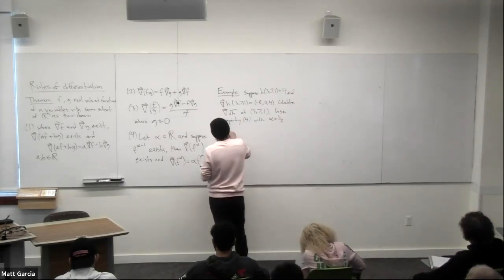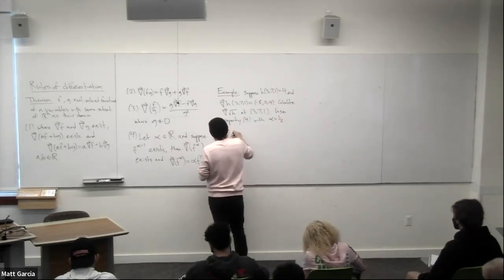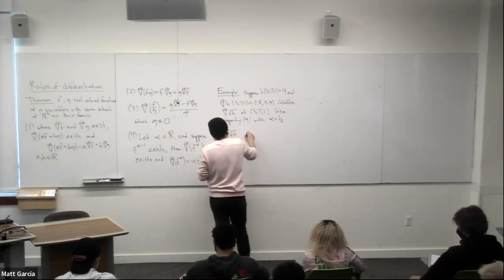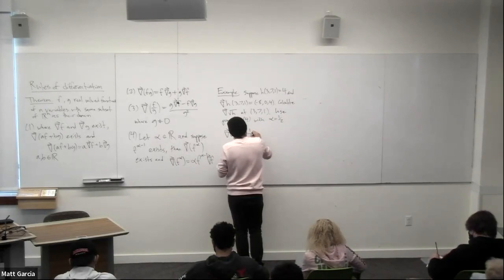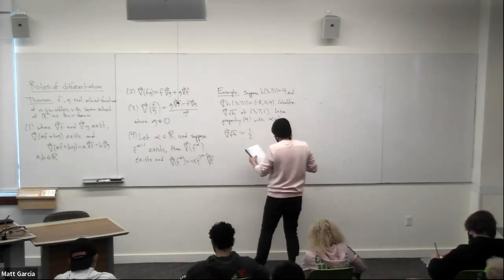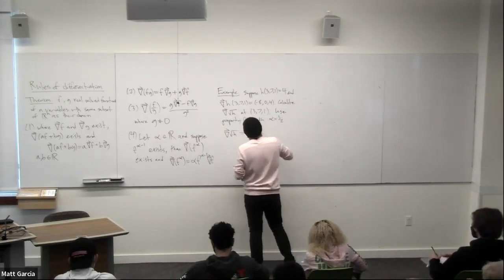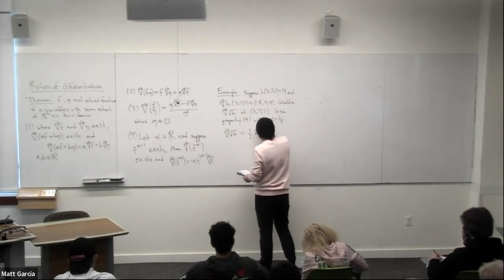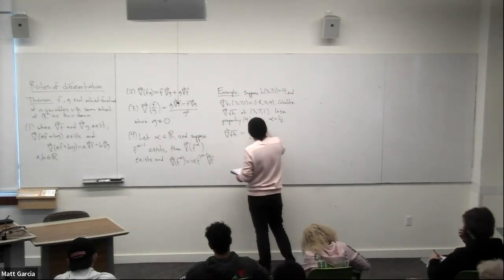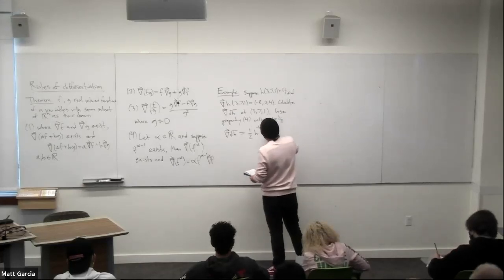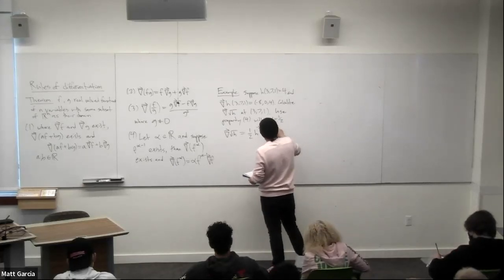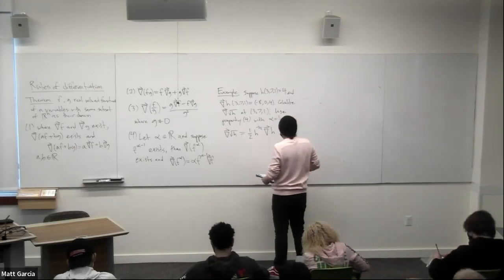Well, then you can write the gradient of root H is equal to, we bring the power down and we take alpha minus 1. So 1/2 minus 1 is negative 1/2, times the gradient of H.